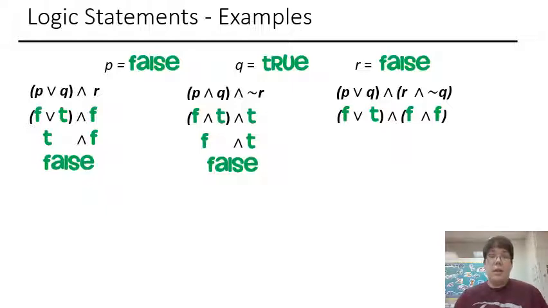All right, now I have two sets of parentheses. Okay, so I'm going to have to do what's inside of both of these sets. I have to do those first. All right, false or true. That is going to be true. False and false. That is going to be false. Okay, so you have true and false. When you combine true and false, you get a false.